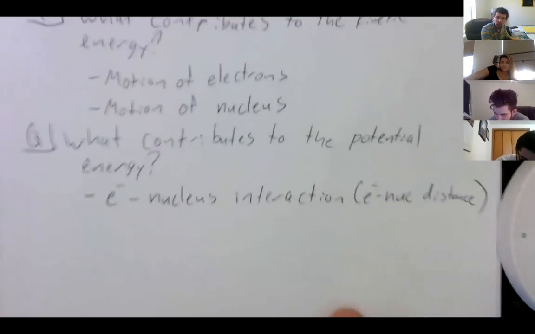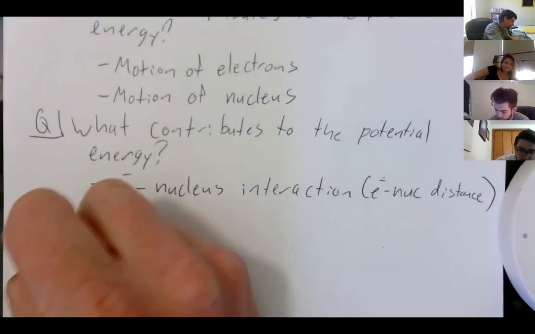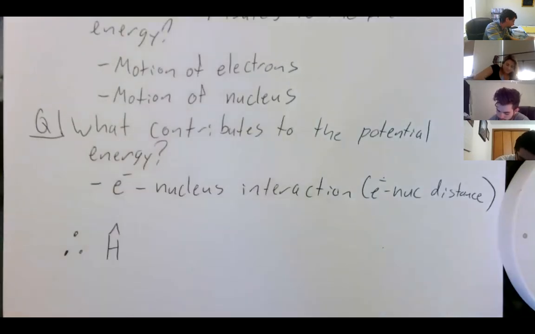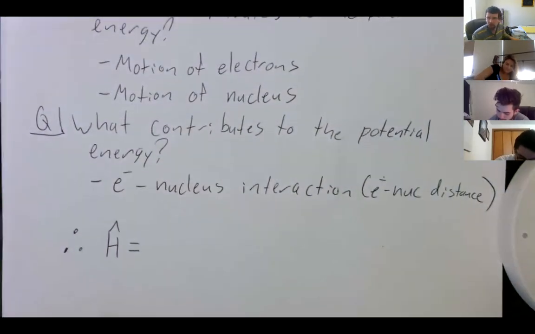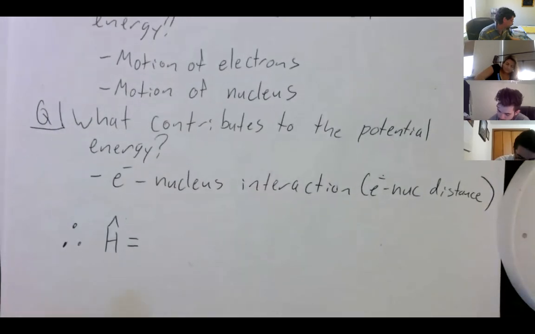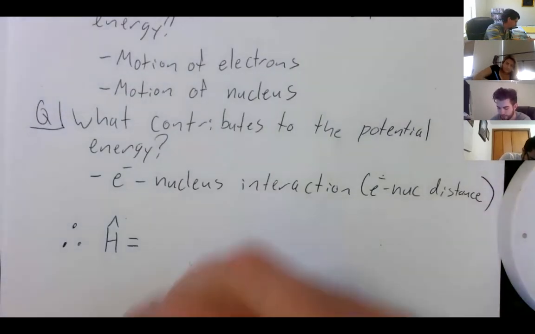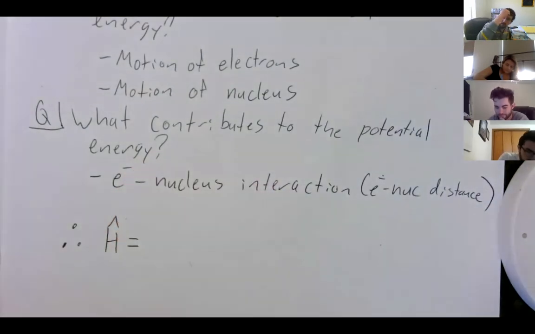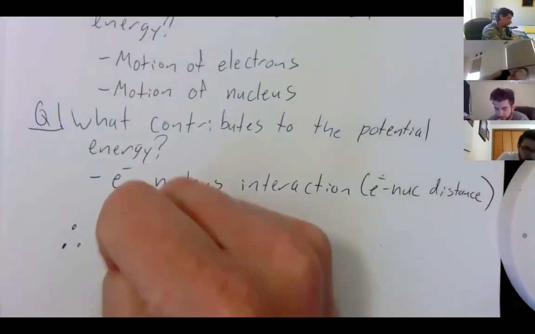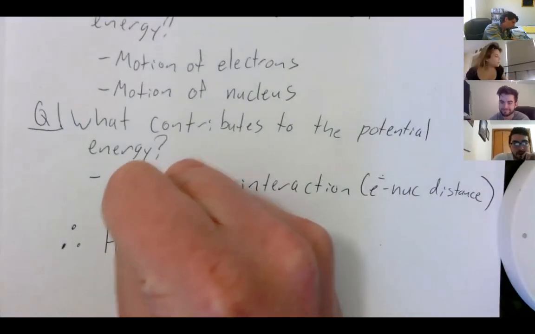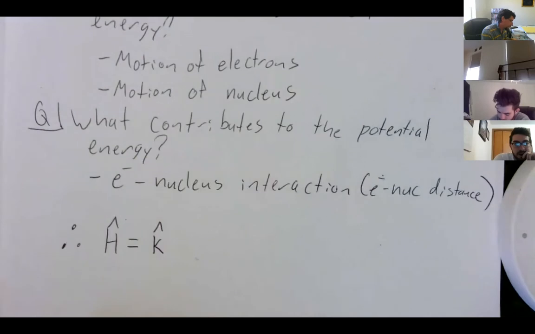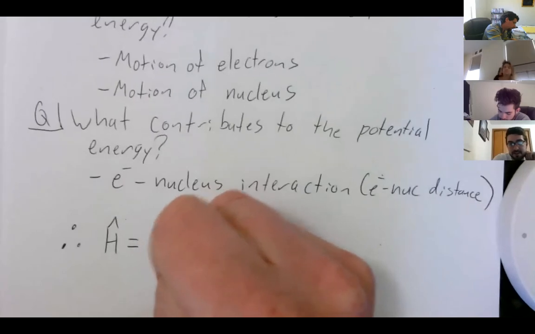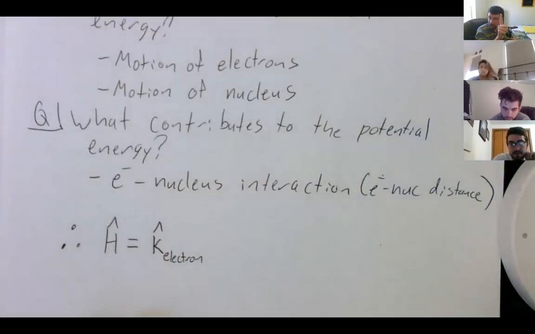Okay, so let's try to rewrite our Hamiltonian. How are we going to rewrite that Hamiltonian? I'm guessing the potential is going to have to rely on R. Yeah, we're going to make it simple. We'll get to that in a little bit. So it would be K of the electron, plus, well, in this case we have a single electron.